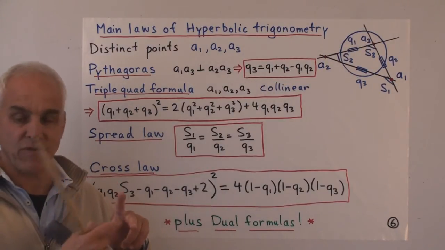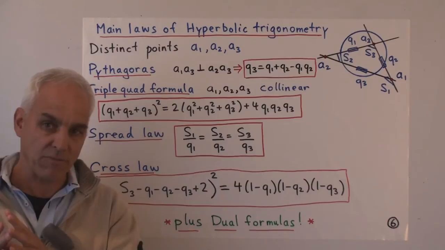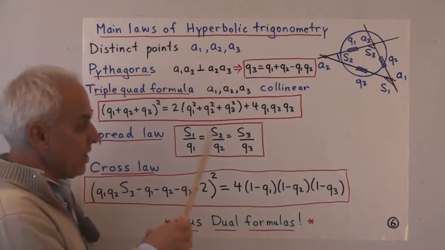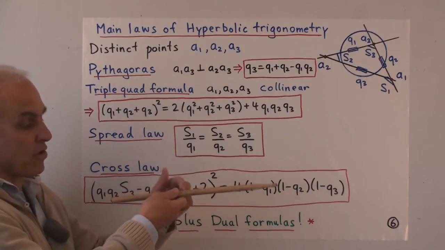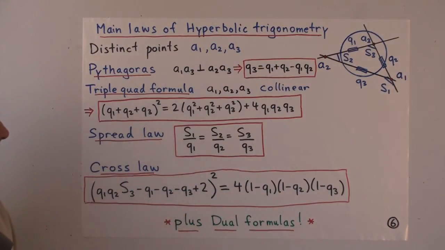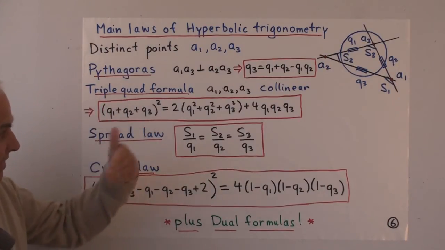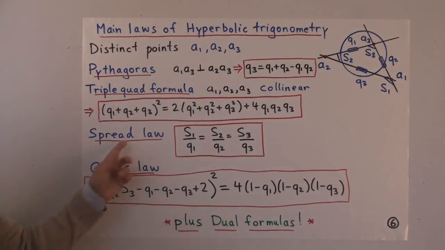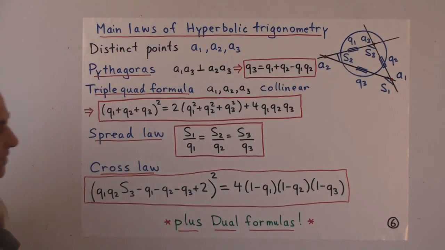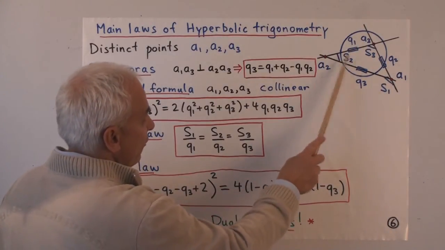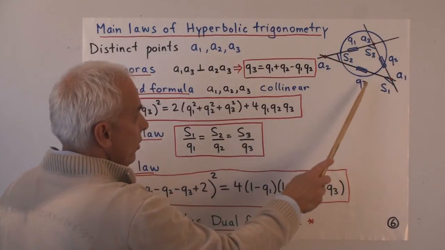The 3 spreads of a triangle in rational trigonometry have the same relation as do the 3 quadrances of 3 collinear points in the hyperbolic setting. But we still call this the triple quad formula because it's really concerned with quadrances. The spread law is exactly the same as in the other case. S1 over Q1 equals S2 over Q2 equals S3 over Q3.